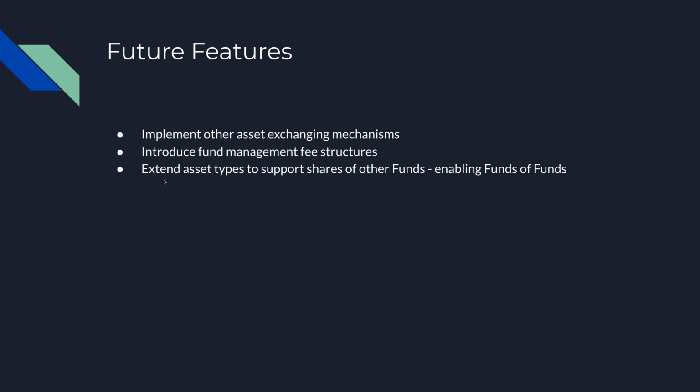Another interesting idea is that we can extend asset types to not only support normal SPL tokens like wrapped Ether and wrapped Bitcoin, but also shares of other funds. This would effectively enable creating funds that consist of only other funds, effectively totally hedging the risk of any investment.